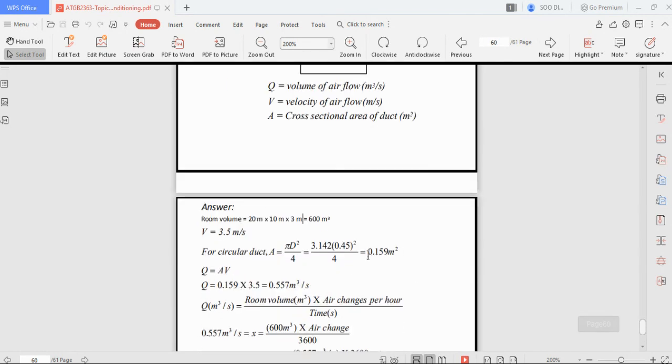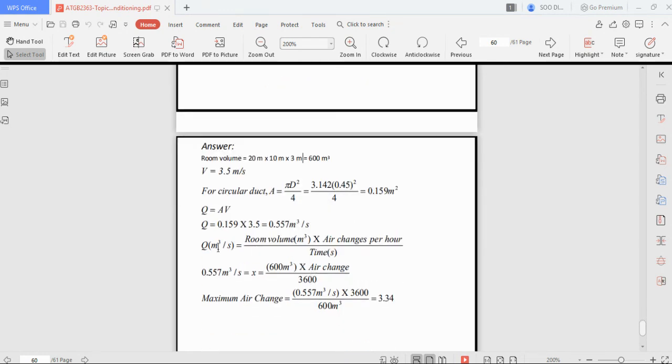Because you know the area and the velocity, it will be Q equals to the area multiplied by the velocity, then you have 0.557 meter cube per second. Because you are working backwards to get the air change, you know that 0.557 meter cube per second is your volume requirement.